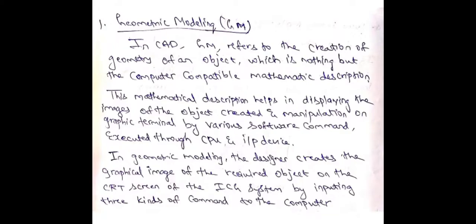So, geometric modeling. In CAD, geometric modeling refers to the creation of the geometry of an object, which is nothing but a computer compatible mathematical description. This mathematical description helps in displaying the images of the object created and manipulated on the graphic terminal by various software commands executed through the CPU and input device.